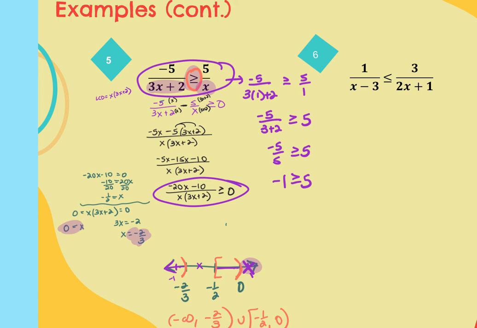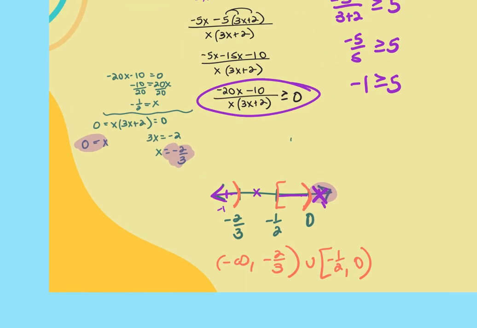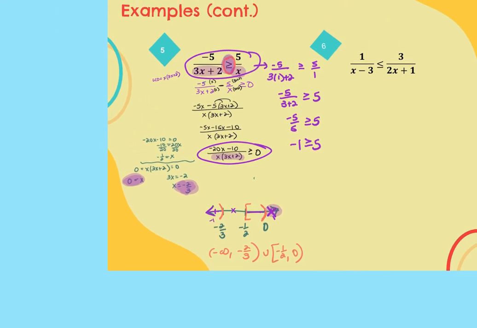So I can't use those even if it's an or equal to. Anything that came from the bottom. So the two that came from the bottom this time, this is x times 3x plus 2, both of the ones that came from the bottom would always get a parentheses. And then if it was an or equal to, whatever comes from the top is going to get a bracket.